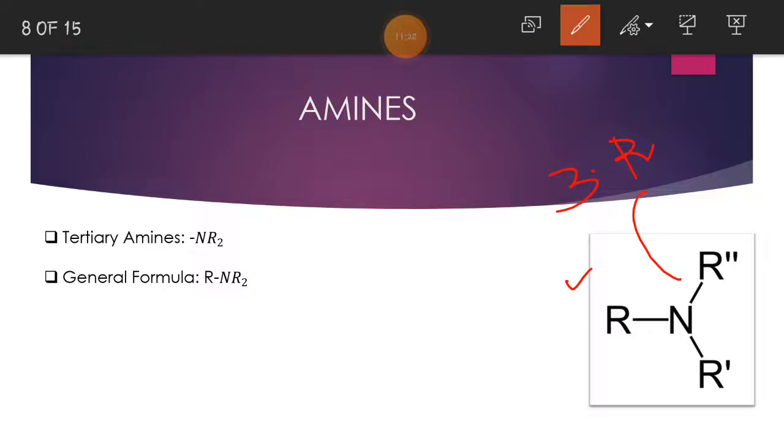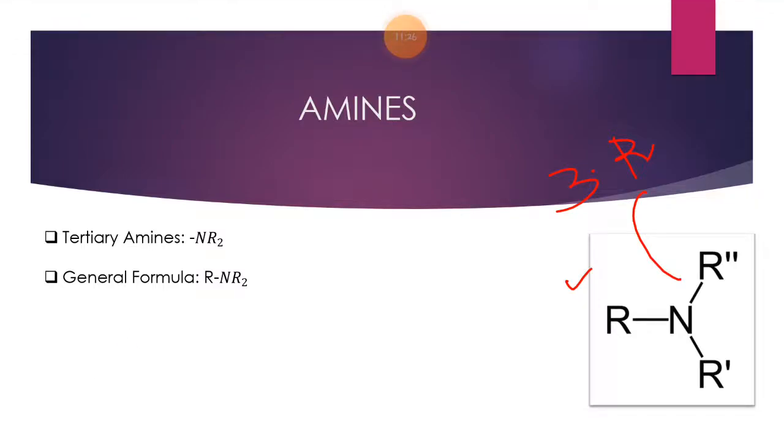So this is how you differentiate tertiary amines from primary and secondary amines. Example for the tertiary amines includes trimethylamine. Now since this nitrogen atom is connected to three carbon atoms, therefore it is considered as a tertiary amine.